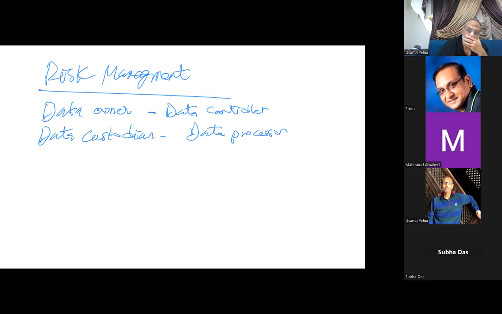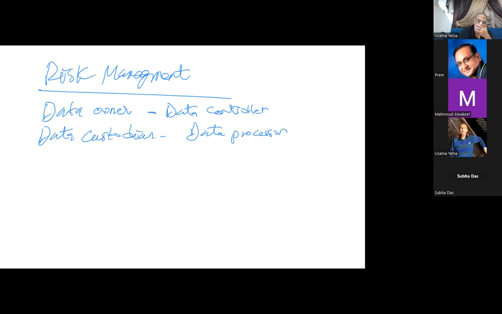Usually when there is a litigation or a legal issue, the data controller is the first person who is asked to respond to the legal authorities or law enforcement. Usually the data protection officers are the kind of data controllers.